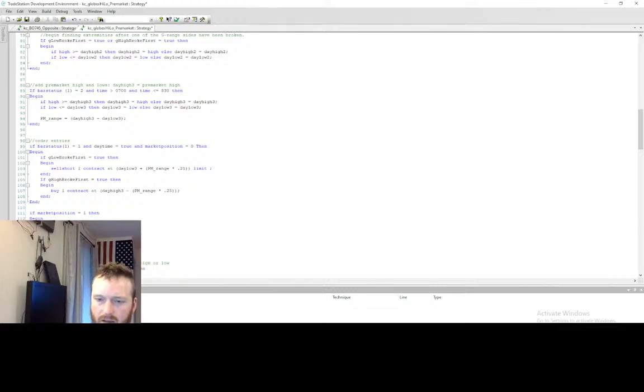Sell one contract at, what's my target? So target would have to be risk box. We need to calculate a risk box quick. Risk box is equal to my entry here. So I'm long, so that means day high.